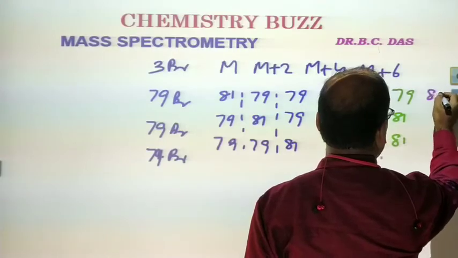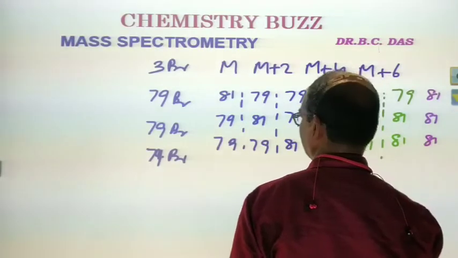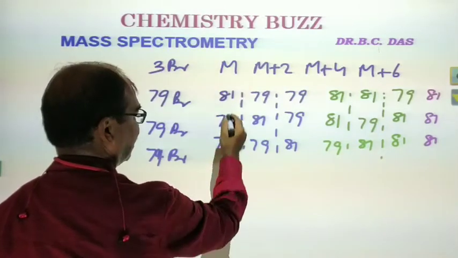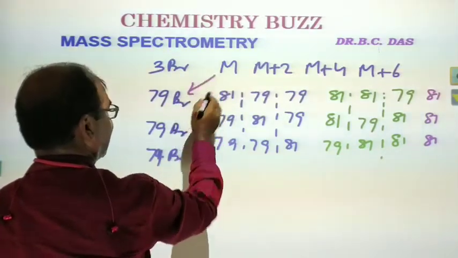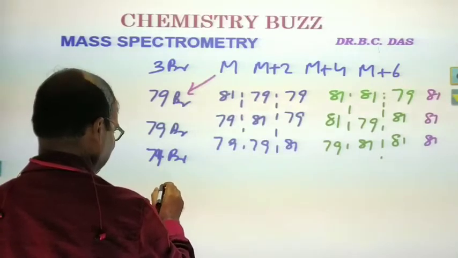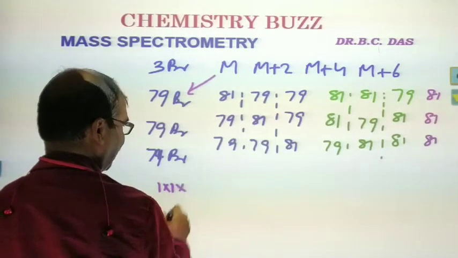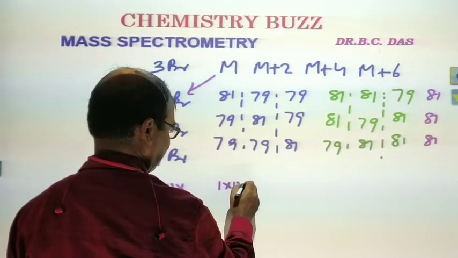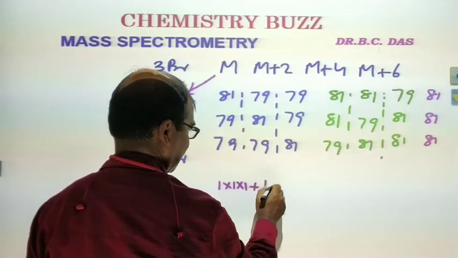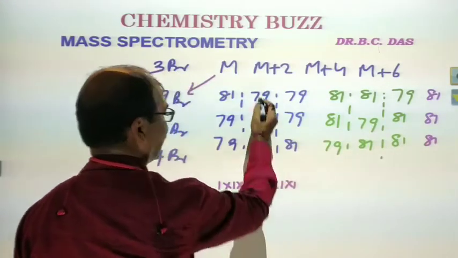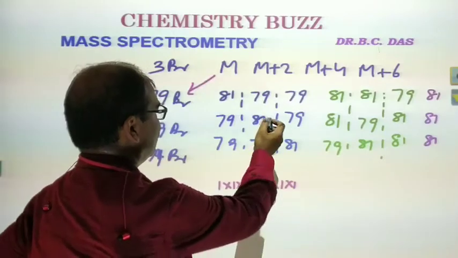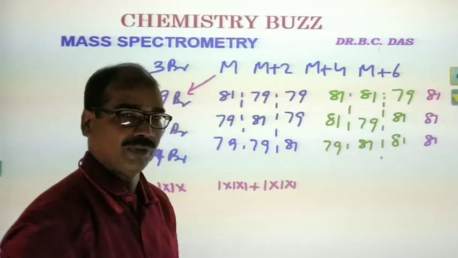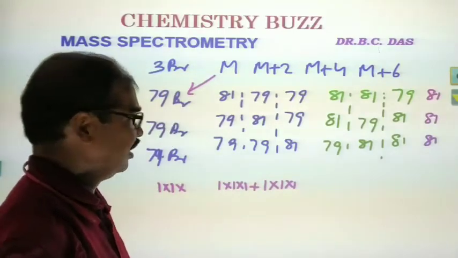So for m plus 6, there is 81, 81, 81. Now we calculate the relative intensity, that will be 1 into 1 into 1. So here 1 into 1 into 1 plus 1 into 1 into 1, because the relative abundances are 100 and 90.